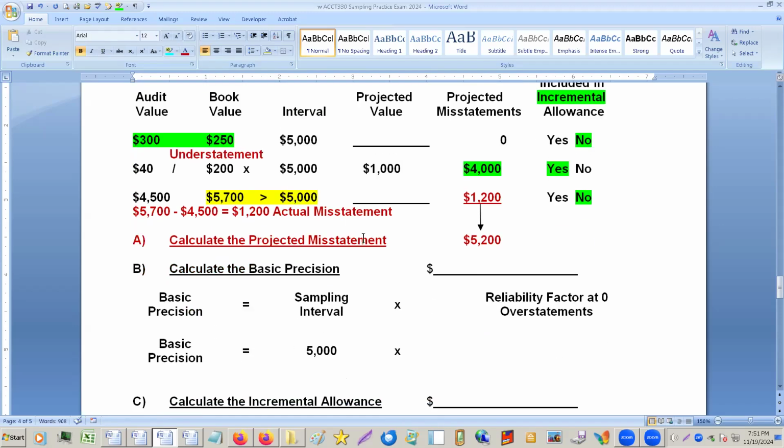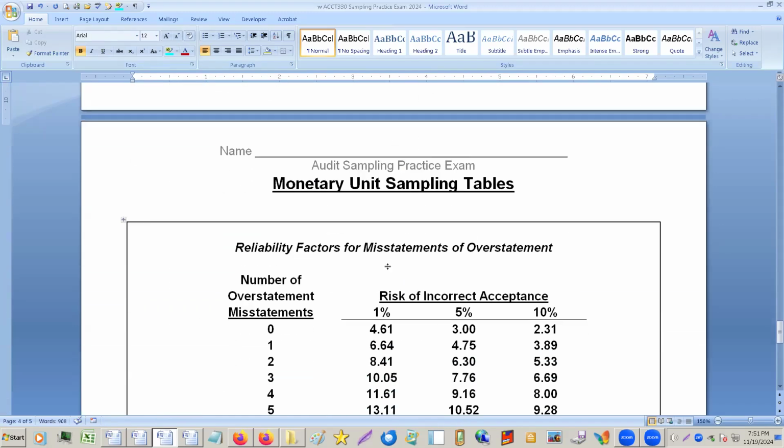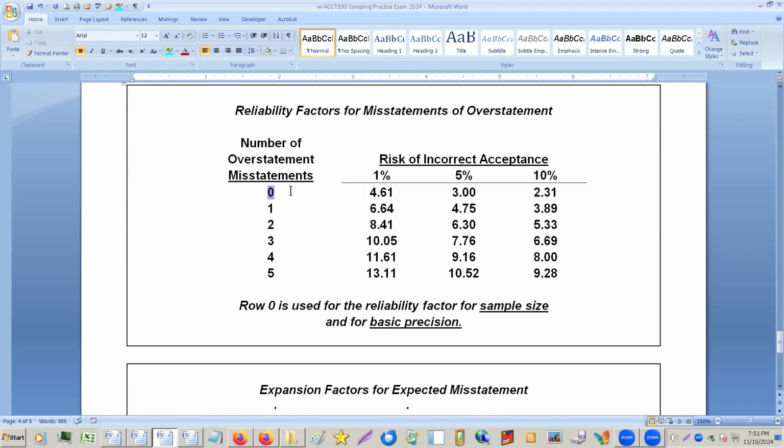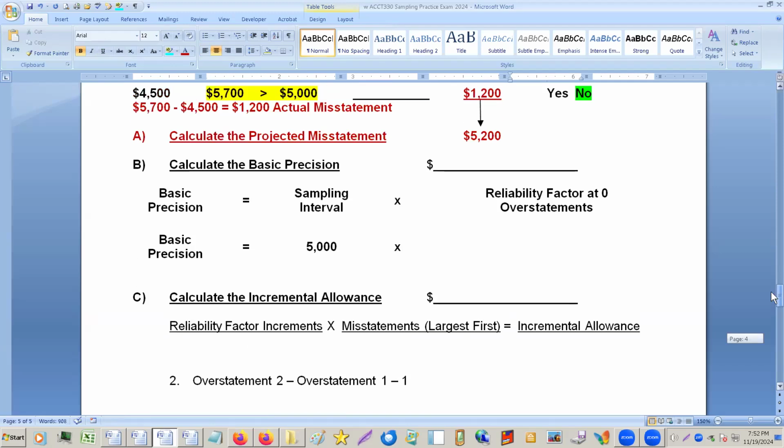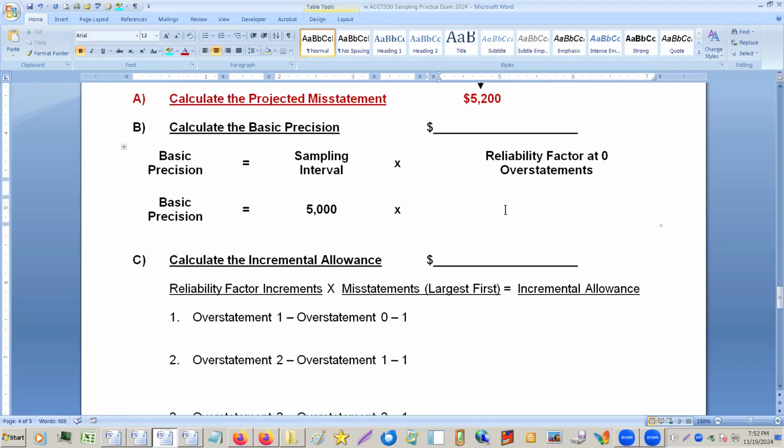Okay, so let's go down. 10% at 0 is $2.31.